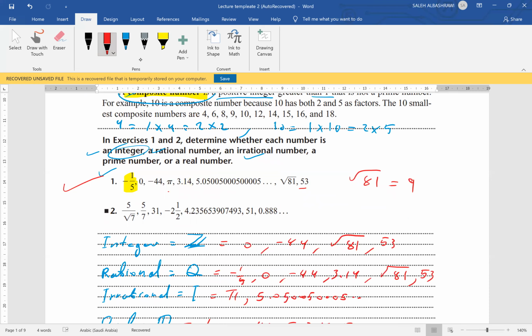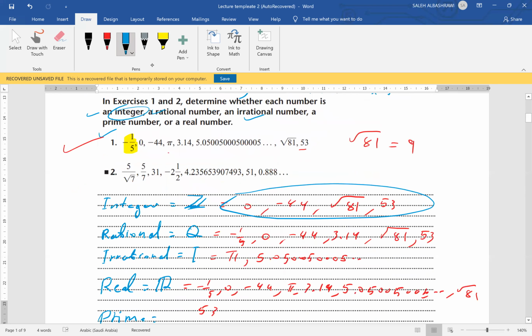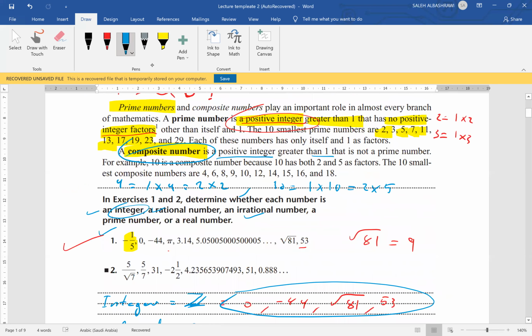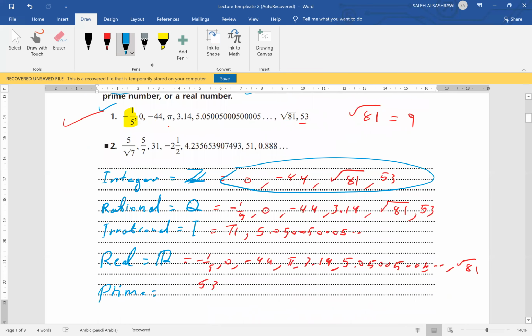So we are looking in the integer set. Is 0 a prime number? No, because a prime number must be greater than 1, and 0 is not greater than 1.